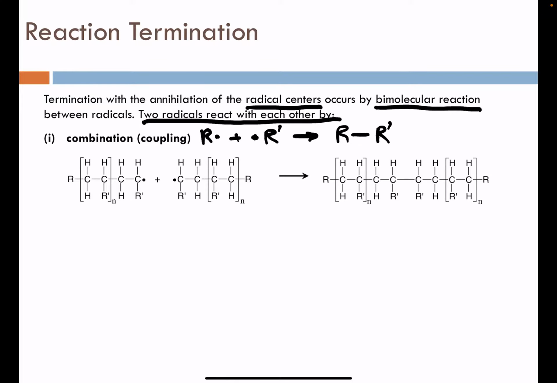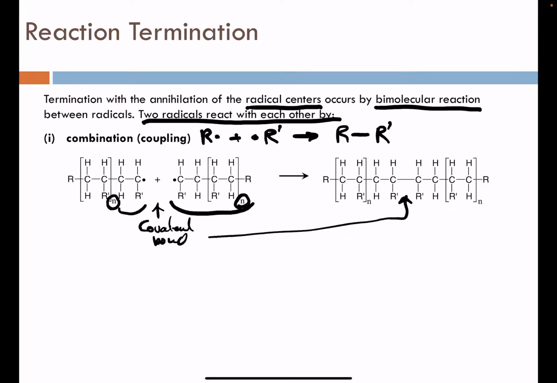So when we show that with some kind of features representative of the polymer, here's a repeating vinylic polymer with generic R prime as a side chain with n repeat units and an additional one showing the reactive radical. We have a mirror image of that over here. N doesn't have to be the same, it could be different. And we're going to see these two radicals combine and form a covalent bond in the middle from this coupling reaction.